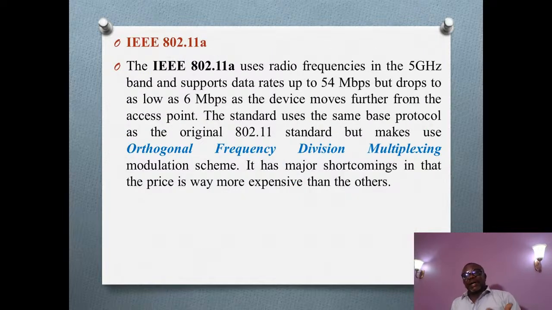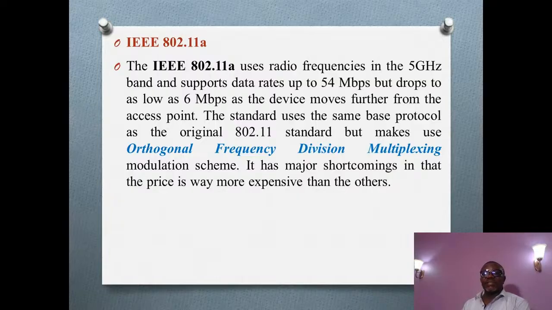There are so many standards of them. We expect you to know these standards and what they stand for. For instance, 802.11a uses radio frequency in the 5 gigahertz band and supports data rates up to 54 Mbps, but drops as low as 6 Mbps as the device moves further away from the access point.